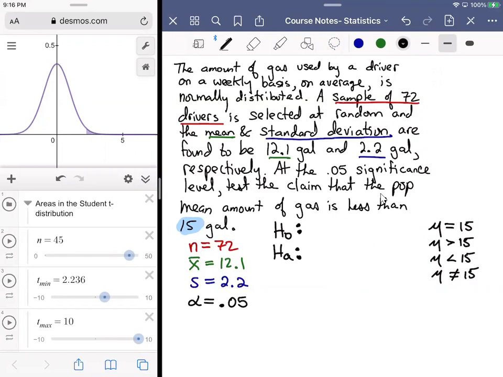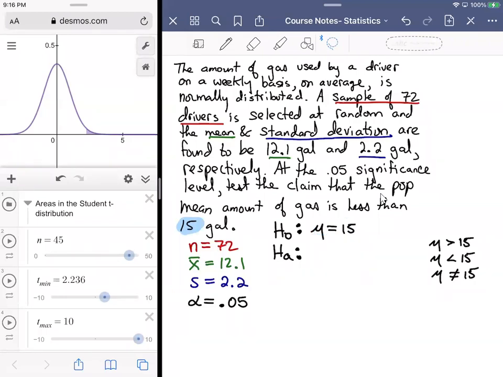The null always involves the expression, the equation with an equal sign. Really the equation, because that's the only one that has an equal sign. All right, so mu equals 15, that's going in as my null hypothesis.